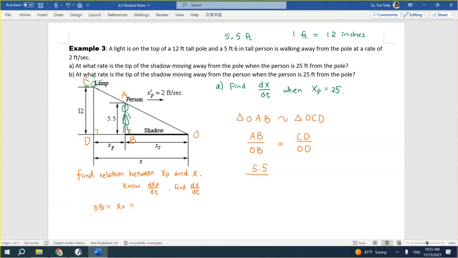Yeah. So XS is, exactly, X minus XP. So OB is X minus XP. Very good. And then CD. What is CD?